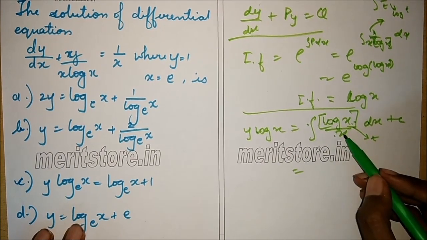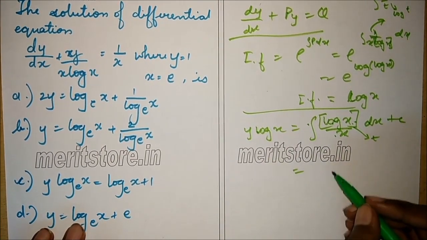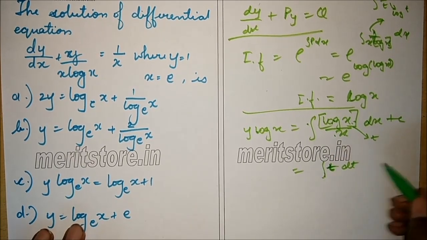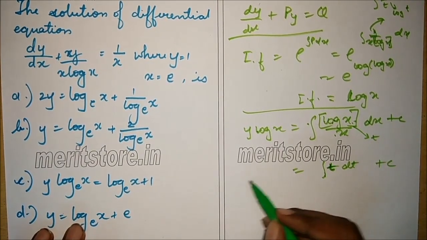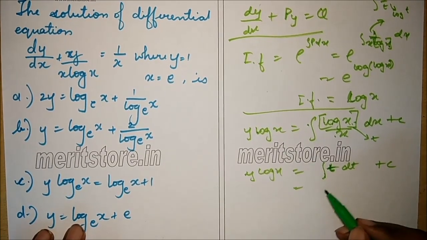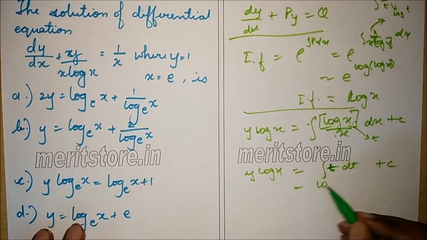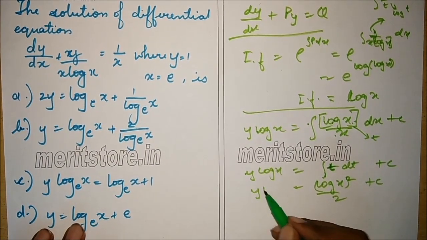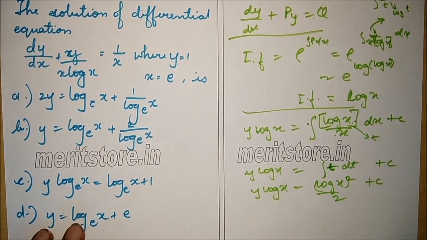So 1 by x dx will be dt. So this will be the integration of t dt plus c, and this will be y log x simply. So the integration of t will be t square by 2, but t is log x, so this will be log x square by 2 plus c. This is equal to y log x.